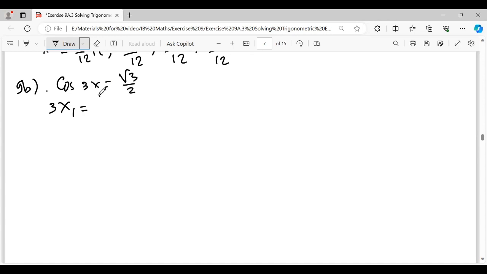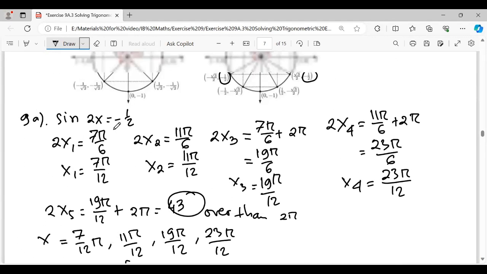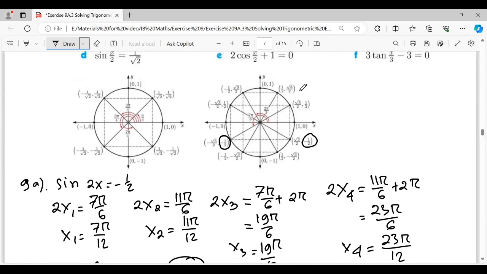If you check root 3 over 2, that's cosine, cosine 1 over 6, and this one 11 over 6. So it means x1 equals pi over 18.